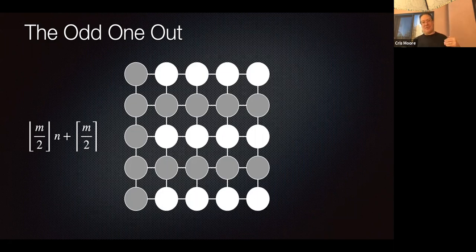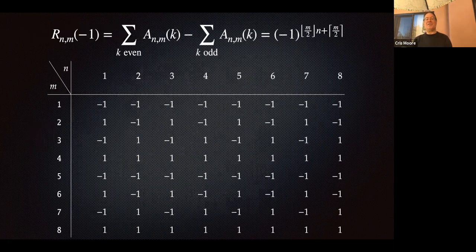Sorry, m here is the number of rows and n is the number of columns. And there are m/2 rounded up odd numbered rows, and so that's the total number of occupied sites. And if you raise -1 to that, you find that indeed it matches Stephan's numerical results. And so, yeah, now you can all go have lunch.